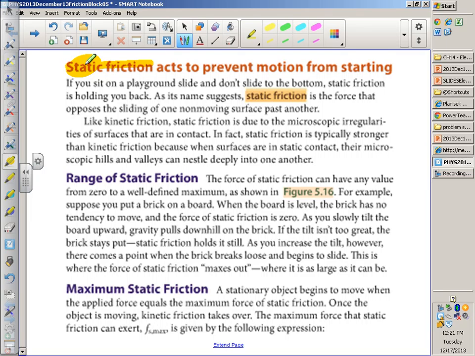But let's say I go and I push on this book like this. Okay? But what do we observe? Nothing happens. Right?